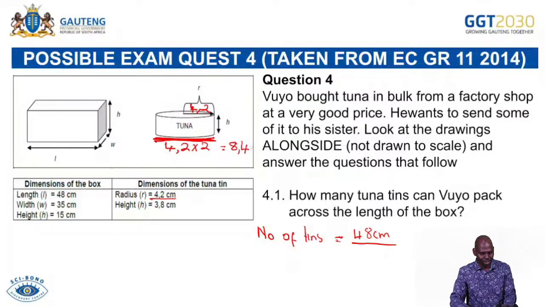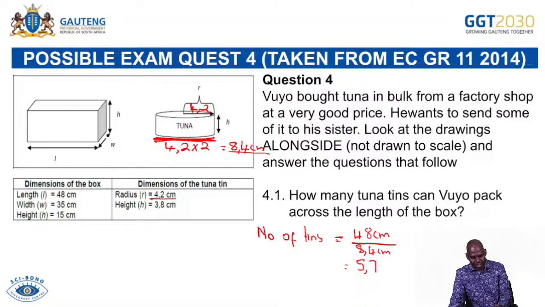Is it also in centimeters? Yes, it's in centimeters. So we're going to use the diameter of the tuna tin. The number of tins is 48 divided by 8.4 centimeters, and then we get 5.7. No, there's no unit.